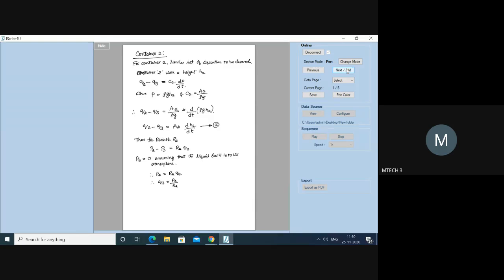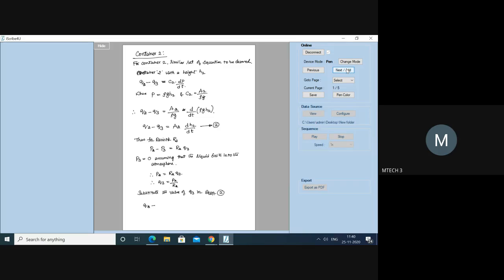Substitute the value of Q3 in equation 2. What is equation 2? Q2 minus Q3.